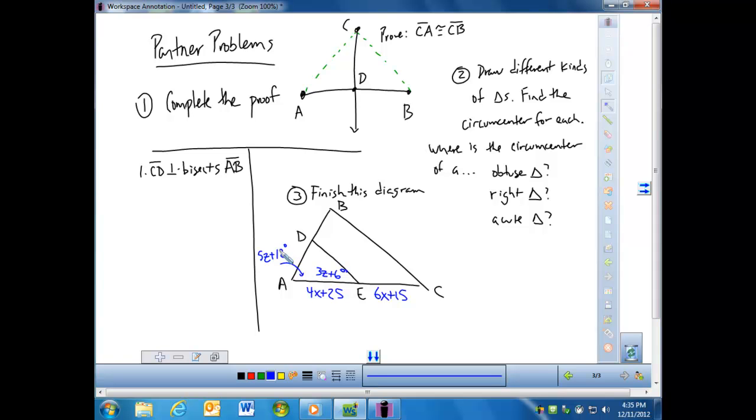You obviously see the AE and CE down at the bottom are 4x plus 25 and 6x plus 15. And I'm sorry, I'm being a little bit sloppy right here, but hopefully you'll figure it all out. And then for those lengths on the sides, AD is 3y plus 11 and DB is y plus 18.